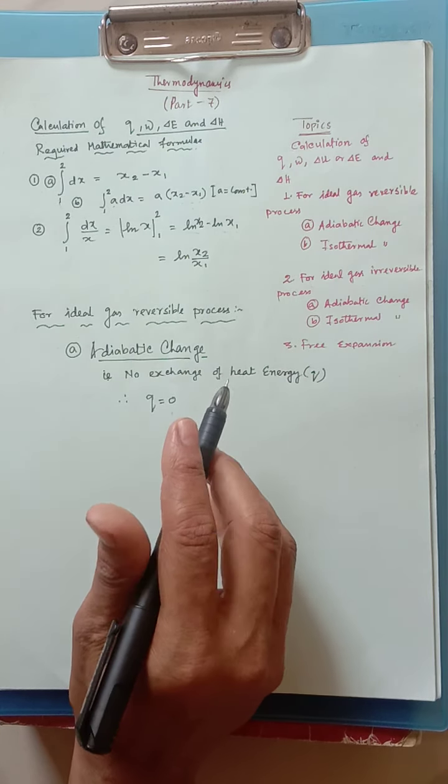From equation number 2 we get dE equals Cv dT, and both sides integration is done here, between states 1 and 2, that is T1 and T2, two different states.